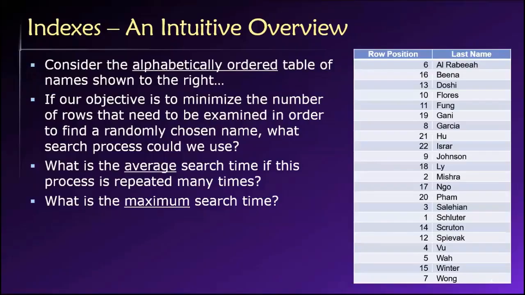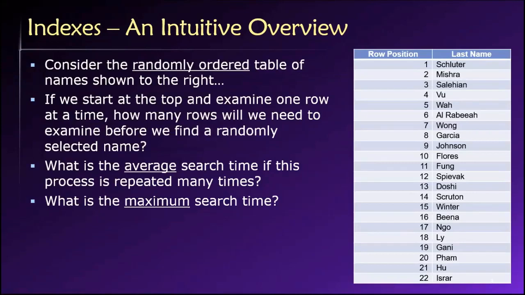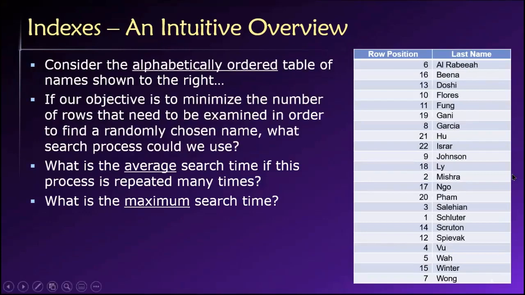So this is hopefully starting to give you some ideas about why indexing is useful, right? Again, it's not going to matter much if you have 22 rows of data like we see here, but if you have 22 billion rows of data, you're going to get vast improvements in performance. One other thing I wanted to mention is that in this particular case, all of the names are unique.